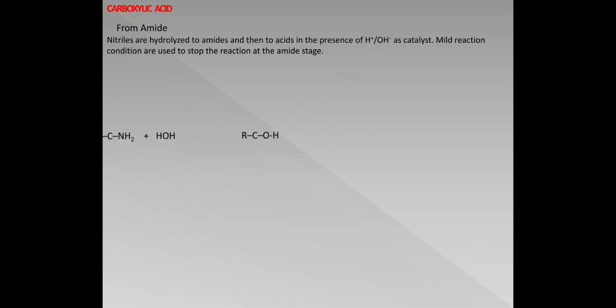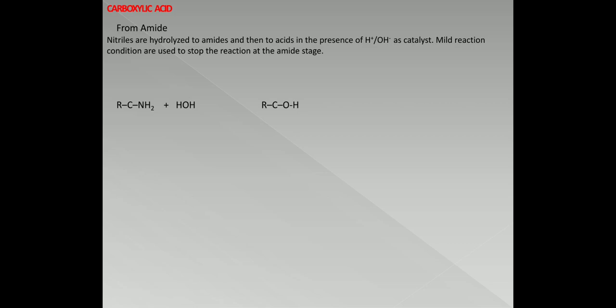See the example. Next, from amide. Nitriles are hydrolyzed to amides and then to acids in presence of acid or base as a catalyst. Mild reaction conditions are used to stop the reaction at the amide stage.